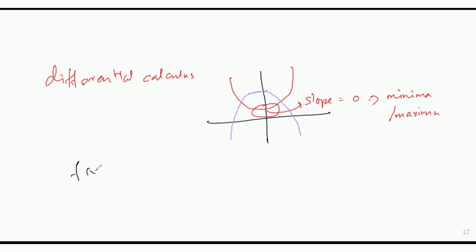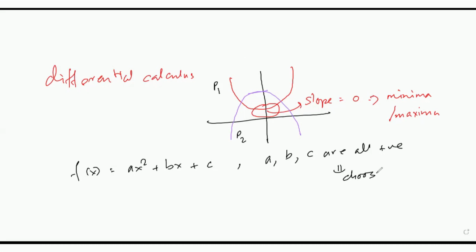Now, let's go back to our equation. f(x) is ax squared plus bx plus c, and let's insist that a, b, c are all positive. If you are calling this parabola 1 and this parabola 2, this condition that a, b, and c are all positive means we are choosing parabola 1.